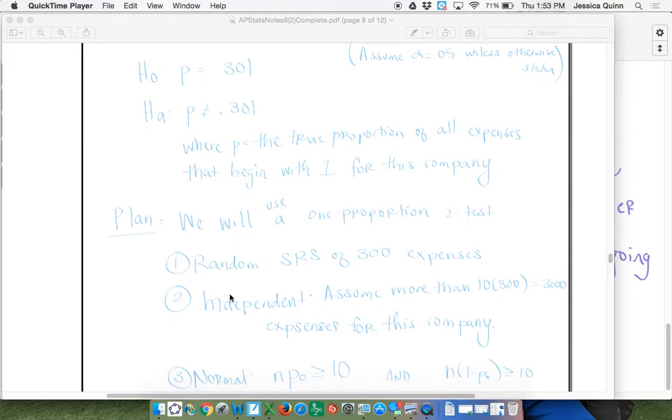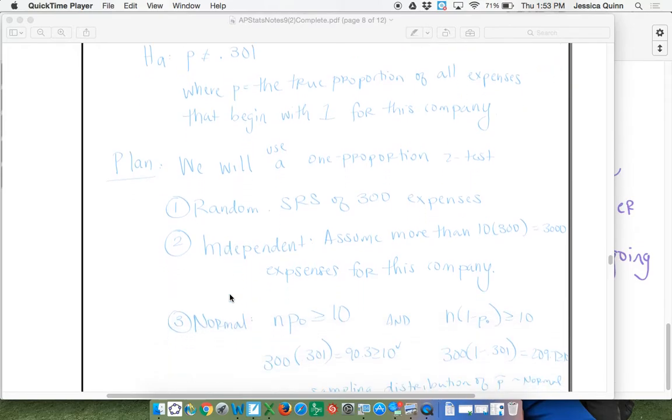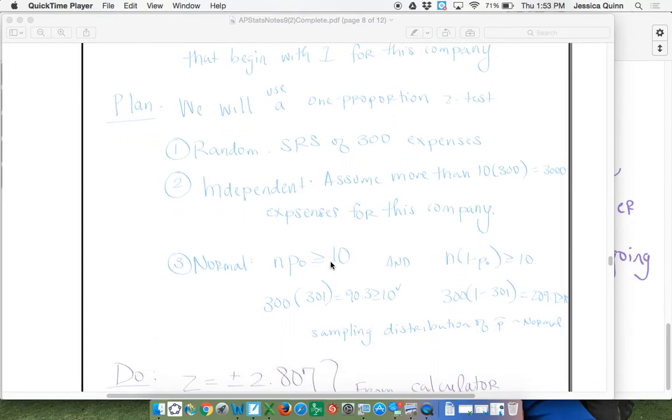For our plan, we will use a 1 proportion z-test if the conditions are met. The conditions are, it is random. We have a simple random sample of 300 expenses. Independent, so we're going to assume that there are more than 10 times 300, which is 3,000 expenses for this company.